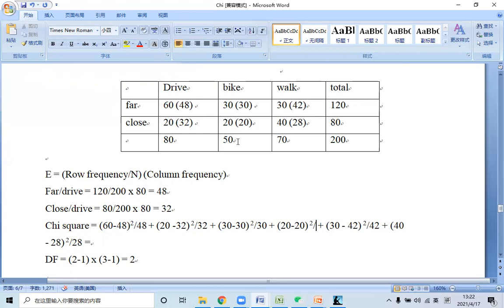For people who live close by and ride a bicycle, you divide by the expected value.